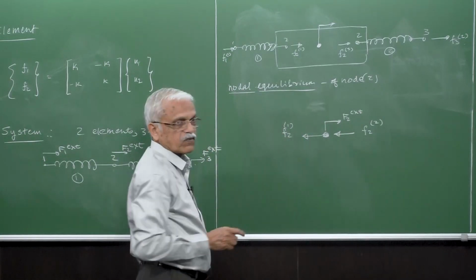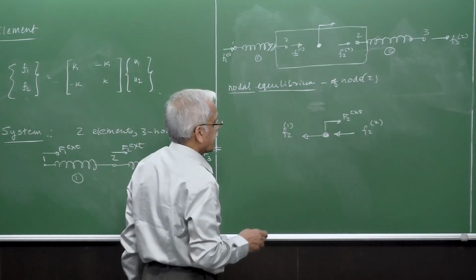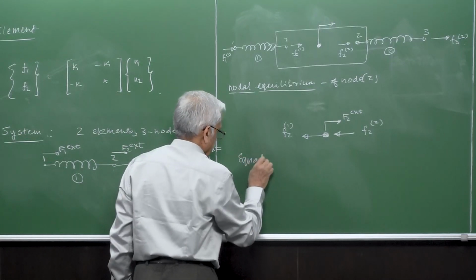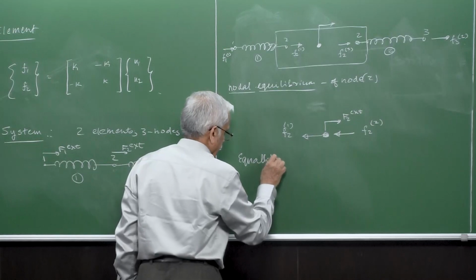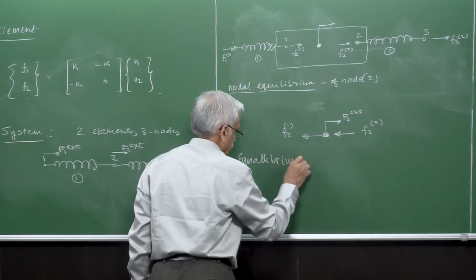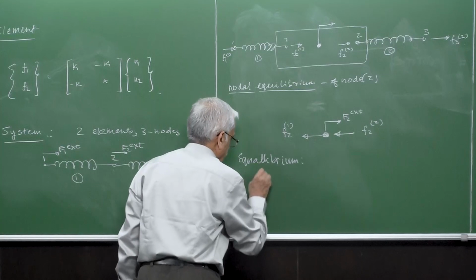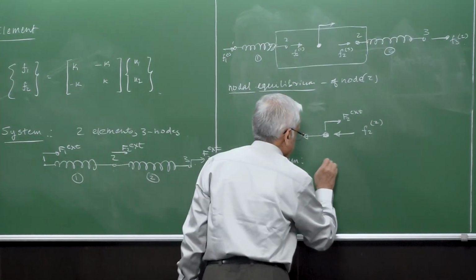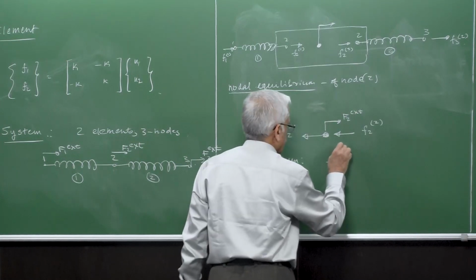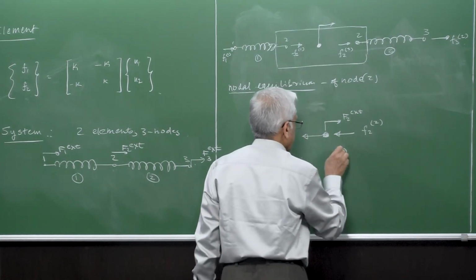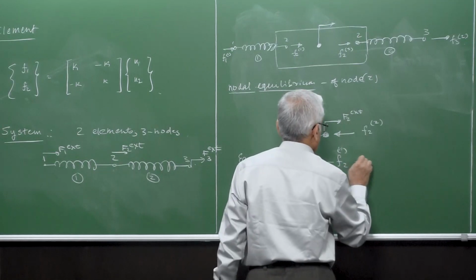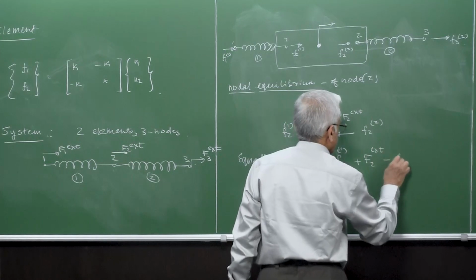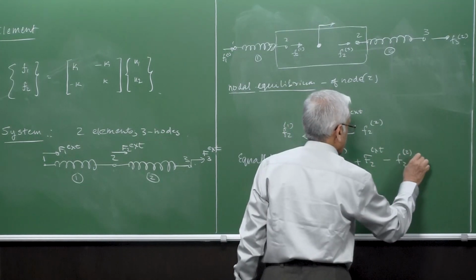So using equilibrium of node 2, we have minus F2 of 1, plus F2 external, and minus F2 of 2.